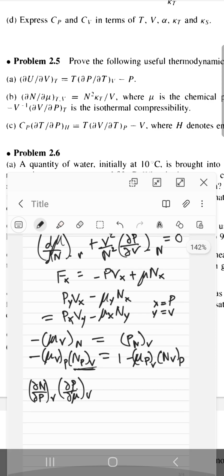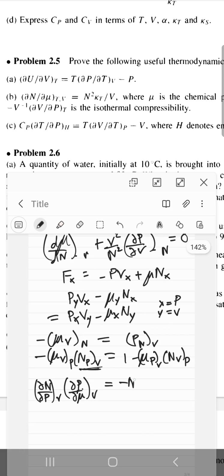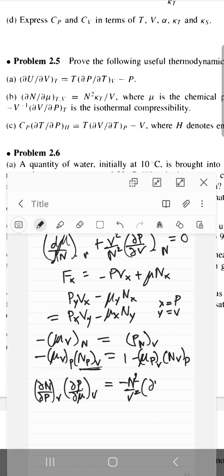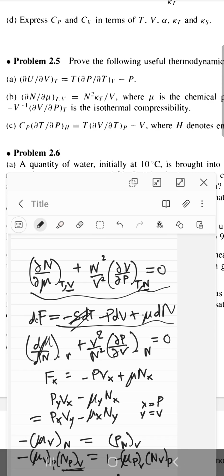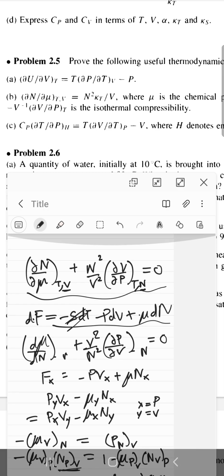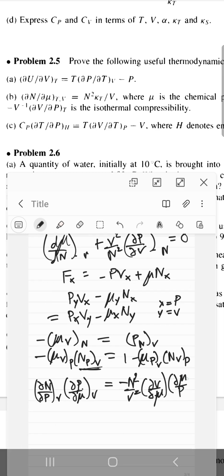Wow, this sucks. This is equal to minus n square upon v square, and then this term can be written as partial v by partial. So you are doing it at constant n, so I suppose mu is what you should be using, and then partial mu upon partial p at constant n, I suppose.